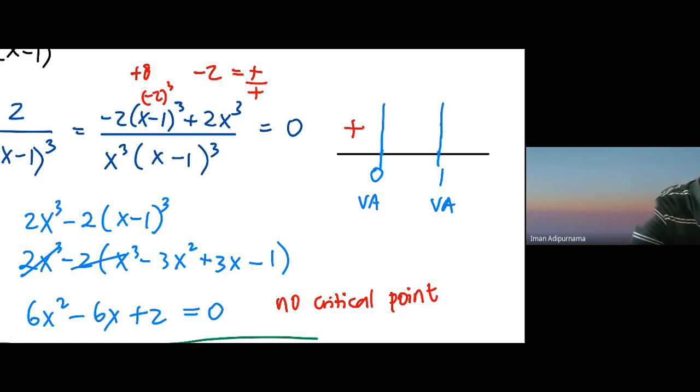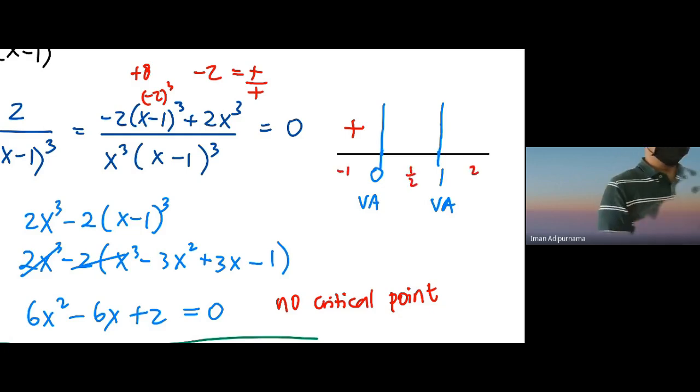And then maybe checking -1, checking maybe half, and checking maybe 2. If you want to check 2, you can check 2. It's -2, -2, 16 is positive. Positive, positive, so it's positive here.